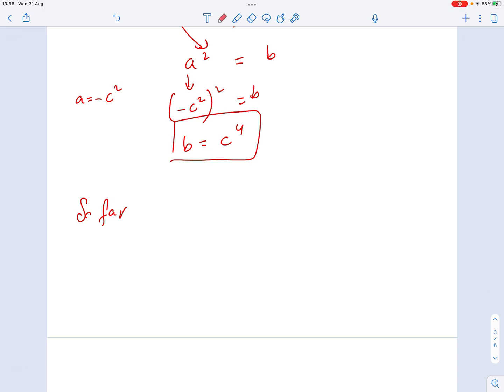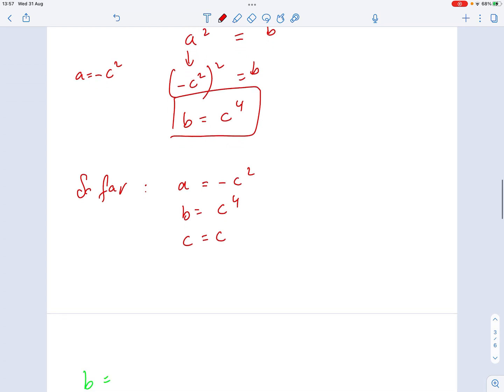So far, we have a equals minus c squared, which we found out. B is c to the 4, and c is gonna be c. Okay. But if we know what c is, then we can sub it into a and b and figure out what our final desired answer is going to be, right?